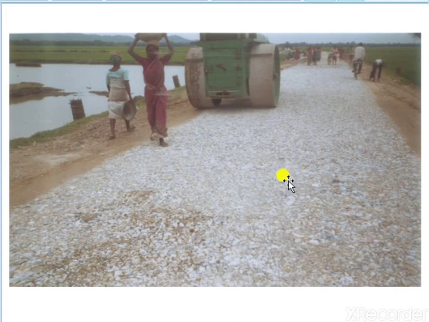So these aggregates, if it is necessary, can be treated with water. So this is the first stage. Before compaction, if it is required, the water is sprinkled lightly over these aggregates, and then the aggregates are compacted using a roller. Hence the voids between the aggregates will be filled.